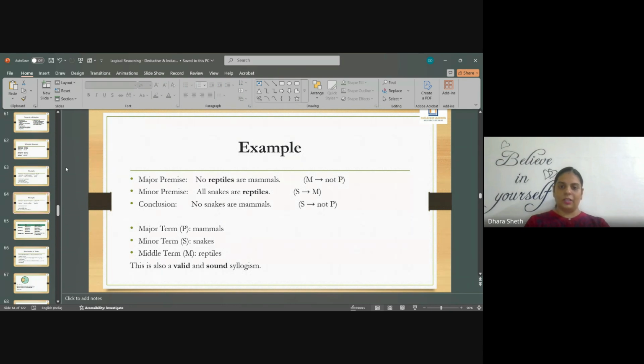This is your subject of conclusion, so that is your minor term. This is the predicate of the conclusion, so that is your major term. The minor term will be there in the minor or the second premise. The major term will be there in the major premise or the first premise. Middle term will not be there in conclusion, but it will be there in both premises as it links the subject and predicate, or the major term and the minor term.